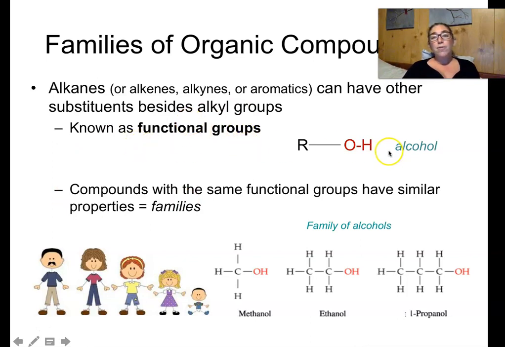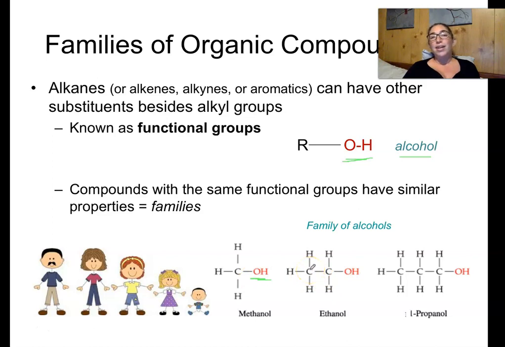All right, so for example, one functional group is this OH group here. And OH is called the alcohol family or the alcohol functional group. So you could have several different alkanes that have an alcohol sticking off of them, and they'll have similar properties because of that group.